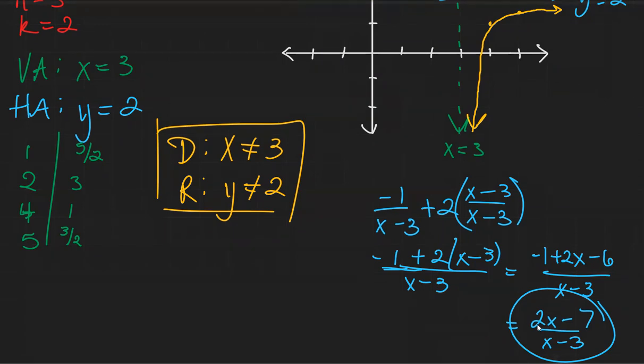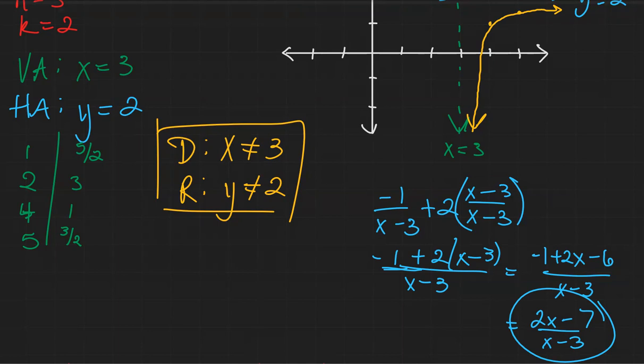So from here on out, we're mostly going to see our rational functions expressed as just one single fraction. An important note: we can still get our vertical asymptote from this because we just set our denominator equal to 0, figure out what makes the denominator 0, and then use that information to get rid of that x value.